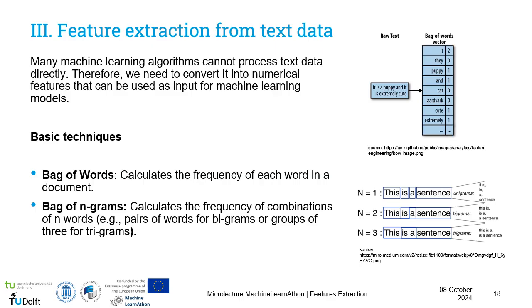Another option is to look at the bag of n-grams, which is combination of two words or three words. For example, we can calculate how many times we can see in the text combination this is, or for example, he has, or for example, get is.